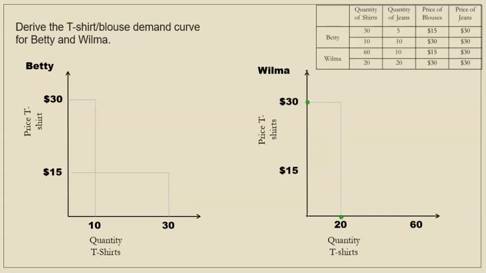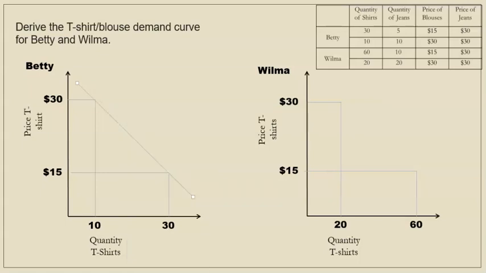And at $15 for each shirt, we can buy 60. So hopefully you have gotten this far. Now let's make our demand lines. We would just join those points and make our line.